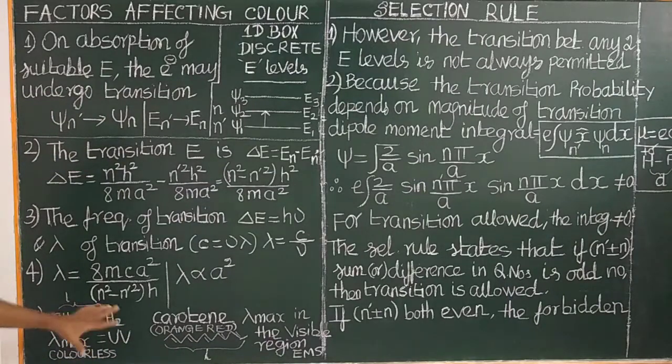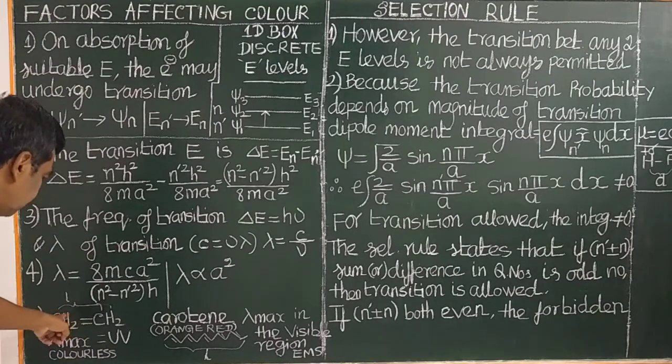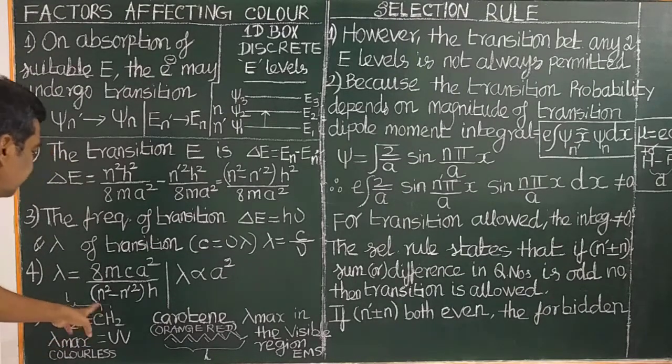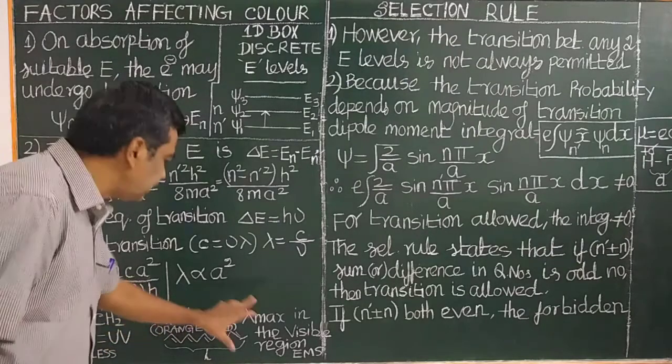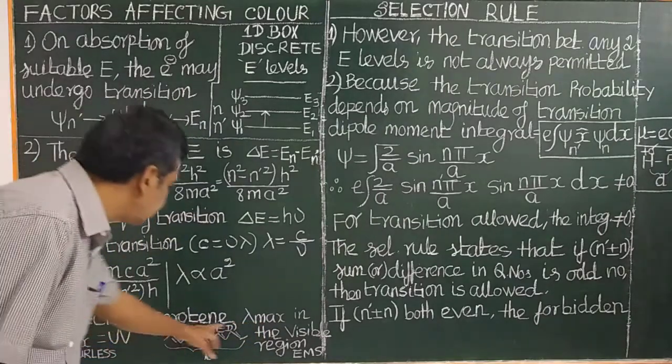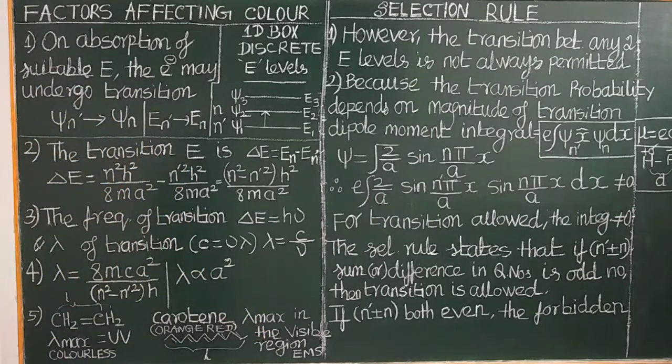For example, let us consider ethylene molecule. In ethylene molecule, the pi electron is considered as a particle in a one-dimensional box. Therefore, the length is the distance between carbon and carbon. This compound, ethylene, absorbs UV light. Therefore, it is colorless. Whereas in carotene, for example, there is extensive conjugation, extensive delocalization of pi electron.